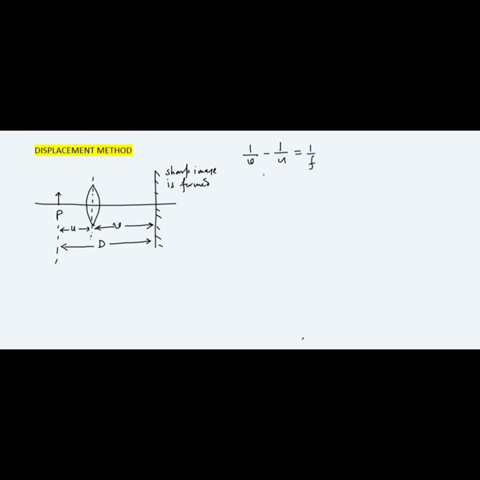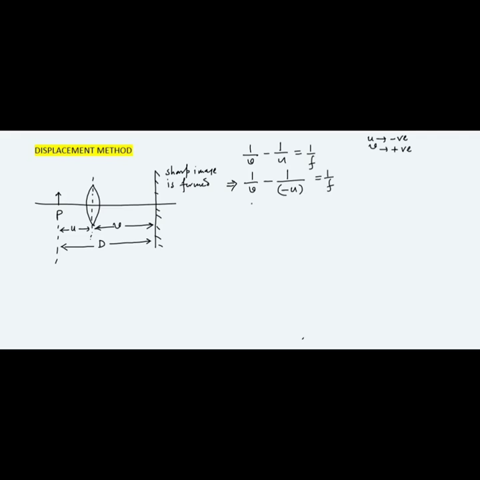Here u is negative because the object is placed on the negative side, and v is positive. So 1 by v minus 1 by minus u is equal to 1 by f.